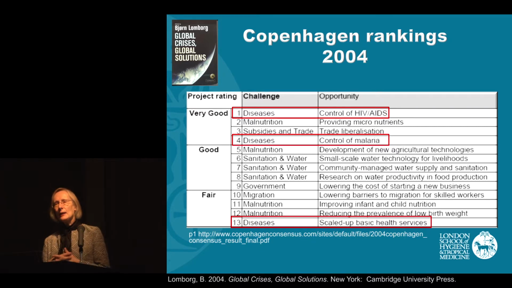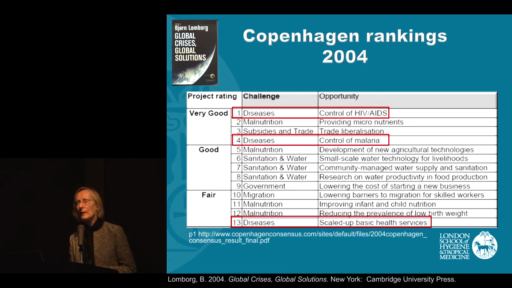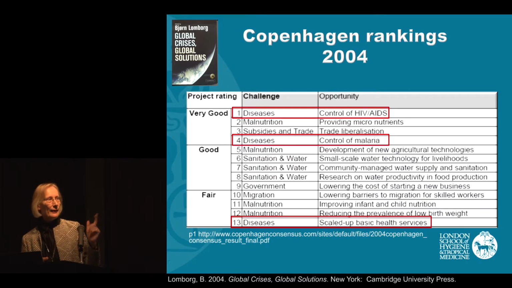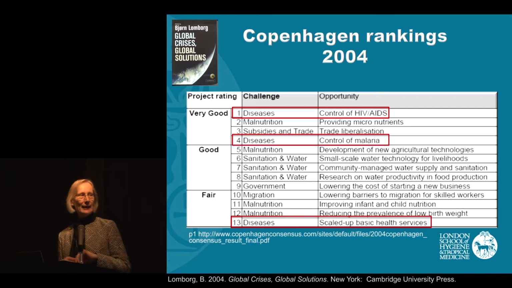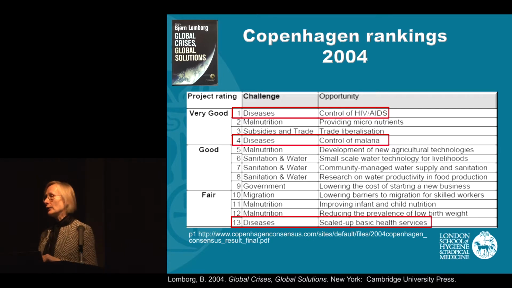There has been some research that has tried to estimate the health effects of broad primary health care, but it's fairly inconclusive. And so my personal view in this analysis is that basic health services were disadvantaged because it's quite easy to estimate the costs, but very difficult to adequately estimate the benefits.